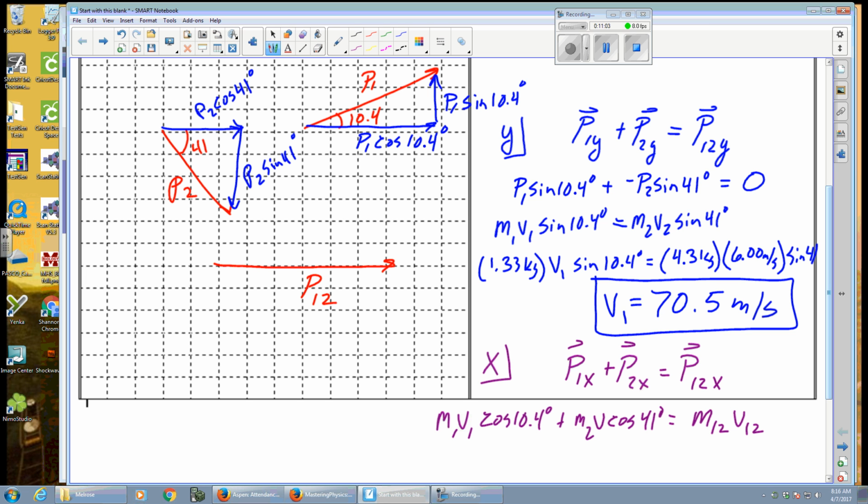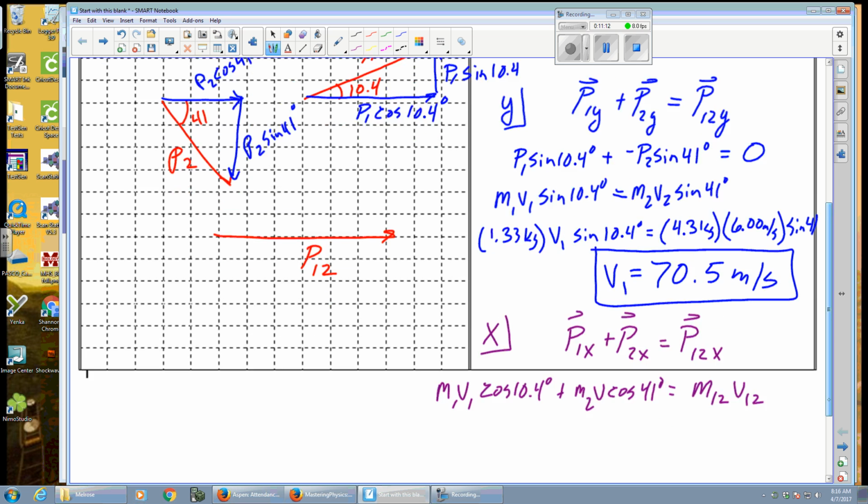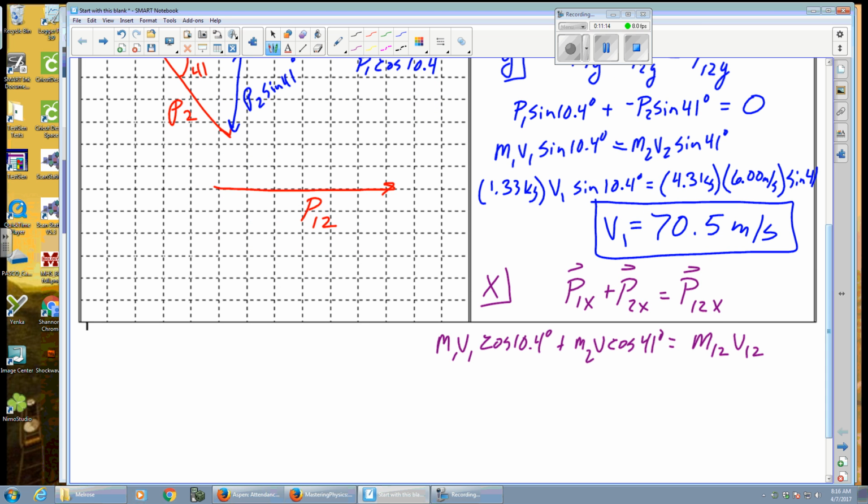And of course, M12 is M1 plus M2. So I know everything in there except for V12, which is what I want to find.